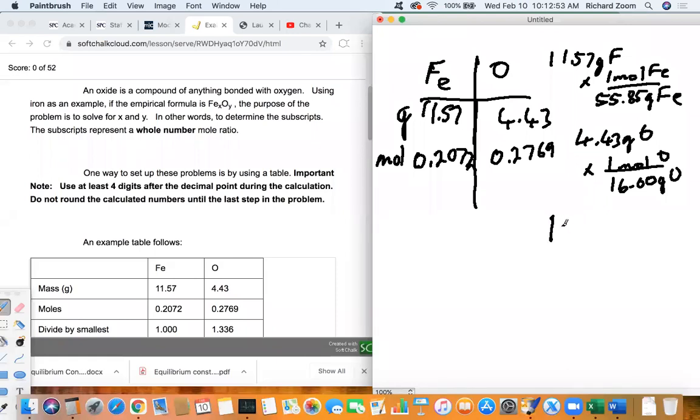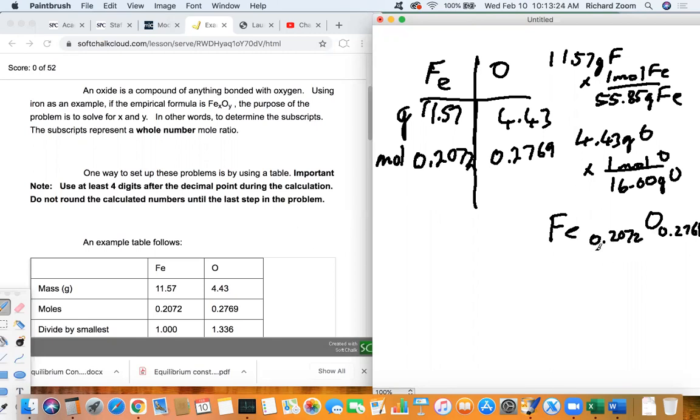If I stopped here, my formula would be in terms of these moles, but that's not very useful because these aren't whole numbers. So what I want to do is get these moles into whole numbers. And to do that, I use something that's more math than chemistry, a ratio kind of approach where I want to try and get these decimals into whole numbers.